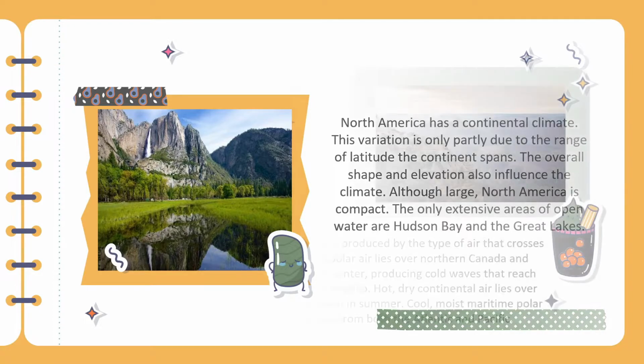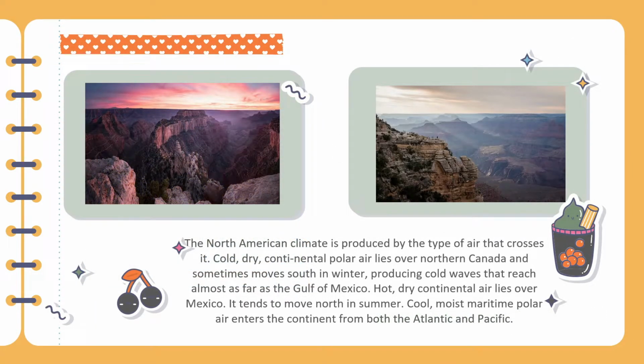Now we can see on the screen there are two pictures of Grand Canyon. I believe there is nobody who doesn't know about this Grand Canyon. I mean, it's very legendary and iconic. Everybody knows about this one.